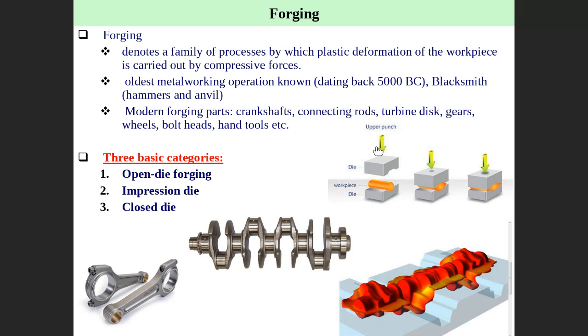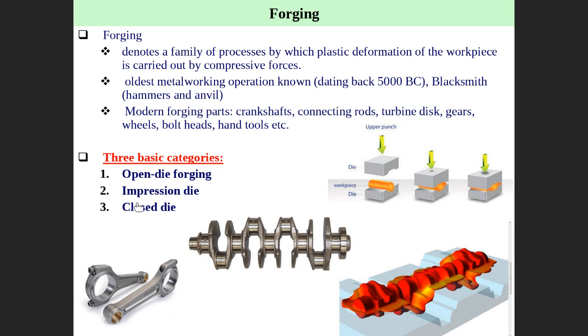We put the workpiece material inside and hammer it, and finally the workpiece will deform. Initially you start with a certain shape, and finally you obtain a material with a different or desired shape at the end of the hammering or shaping process. We have categories in forging operations.